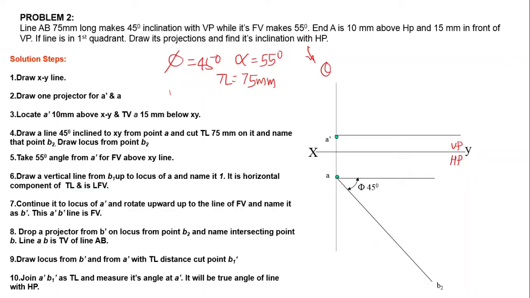Like this. AB2 is equal to true length. Then we can represent the angle made by the front view. Front view makes an angle of 55 degree. Then we can locate that locus of front view.